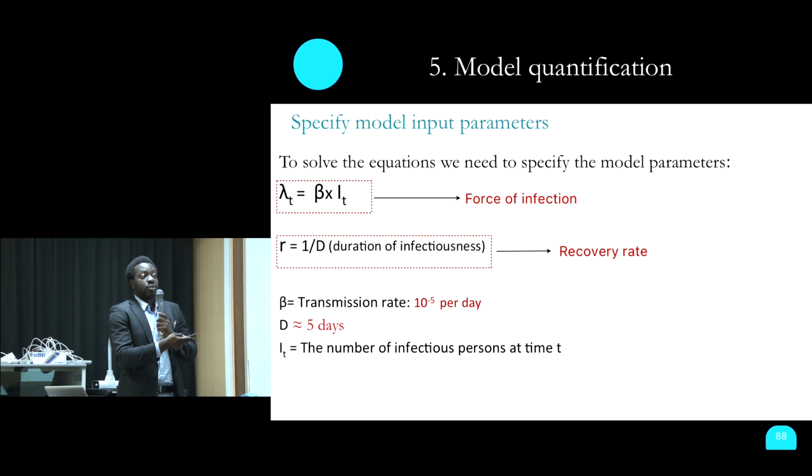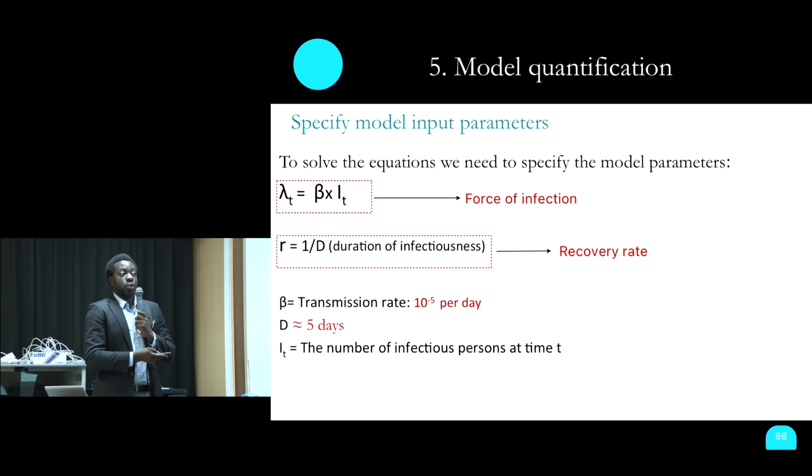Regarding the recovery rate, how long it takes someone who was infectious to become immune, you can estimate it by just doing 1 over the duration of infectiousness. So if you know the duration of infectiousness, you know their recovery rate.